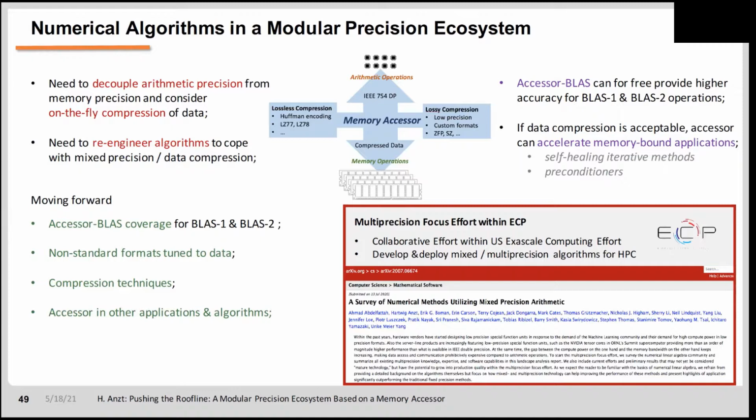And just last year, a very comprehensive report was published, which is basically a survey of the landscape in terms of what exists and what are promising paths forward for developing mixed and multi-precision algorithms. And the memory accessor is sure one of the very promising research directions.